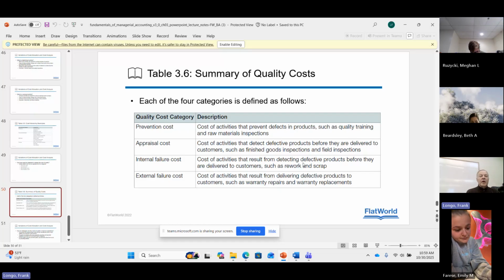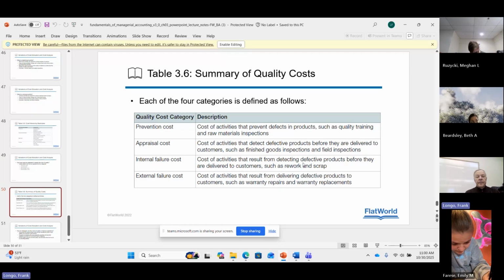So a prevention cost is the cost of activities to prevent defects in products. So this cost can involve training of employees. If they're properly trained to operate the equipment, then hopefully we can prevent defective products.